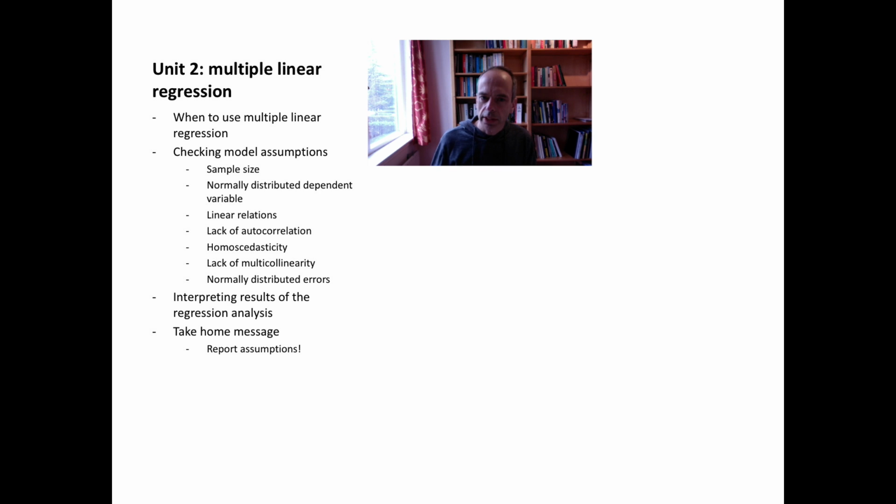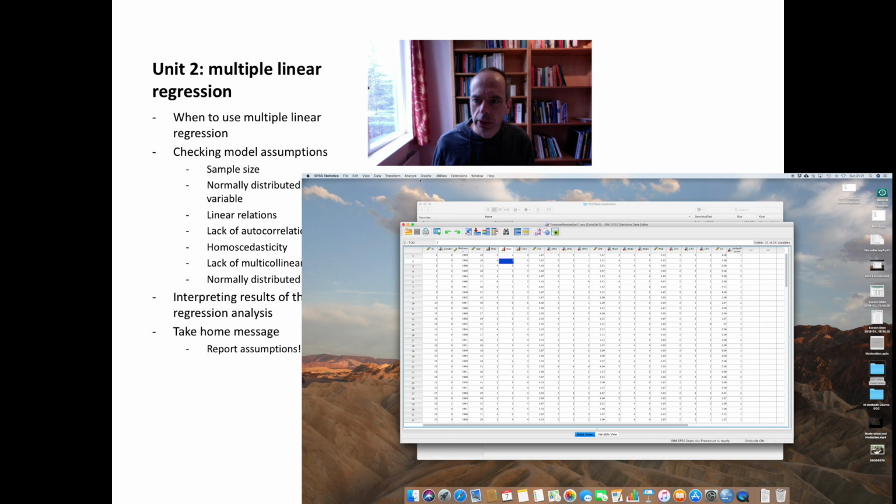So in the dataset, there are 120 cases for 3 independent variables. So sample size, we are quite fine with that. So let's look at another model assumption, that is the normally distributed dependent variable. We can graphically inspect it.